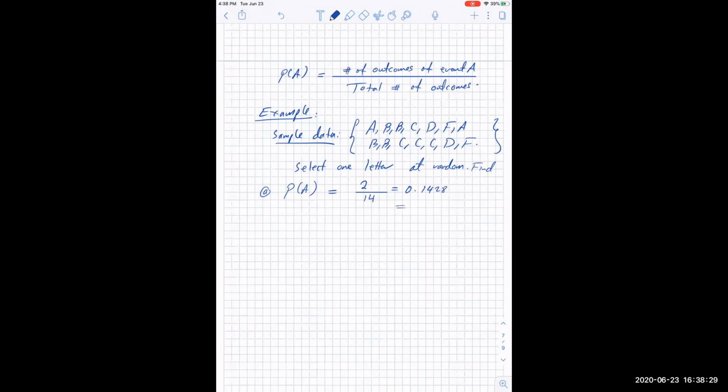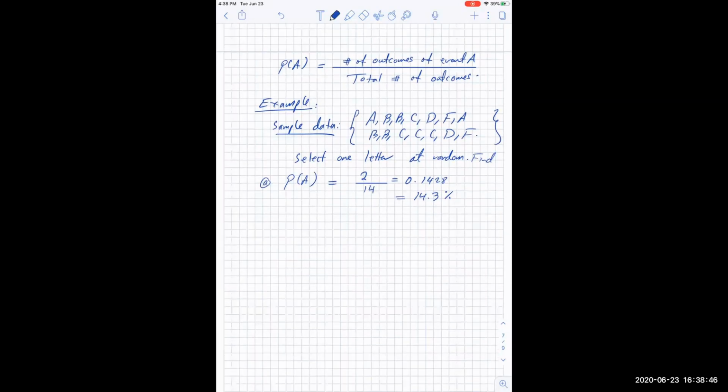If I want to round this to percent, I will say what? 14.3%. Right? I always round to 1/10 of a percent. 14.3%.